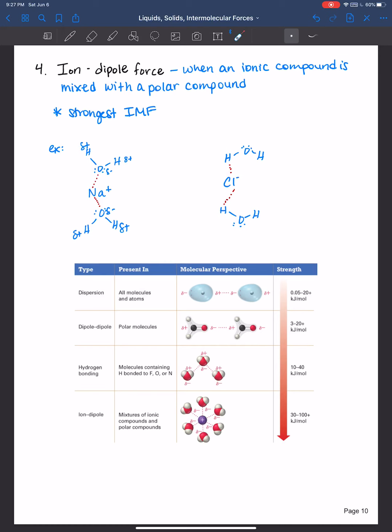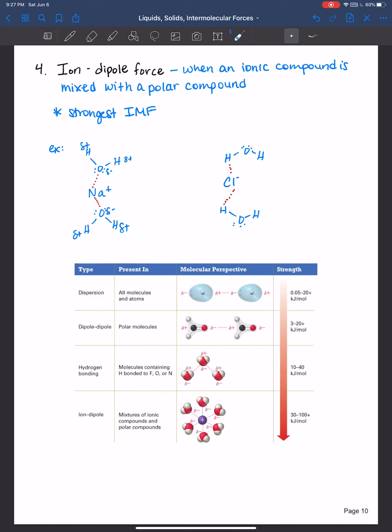So the weakest intermolecular force is dispersion, and on this side of the chart, we have the strength in kilojoules per mole. This is present in all molecules and atoms, but if you were to ask which one is the dominant intermolecular force, well, it's the dominant intermolecular force in nonpolar molecules or monatomic gases. And this gives you a molecular perspective of what's going on here.